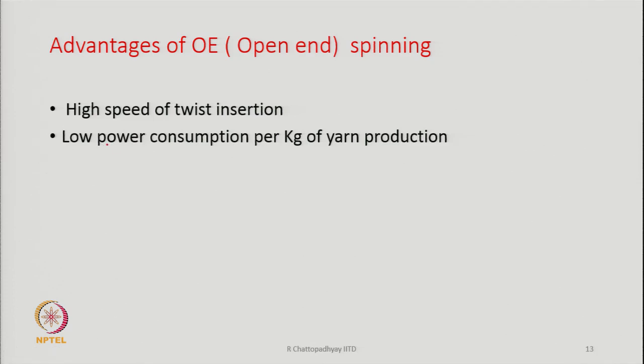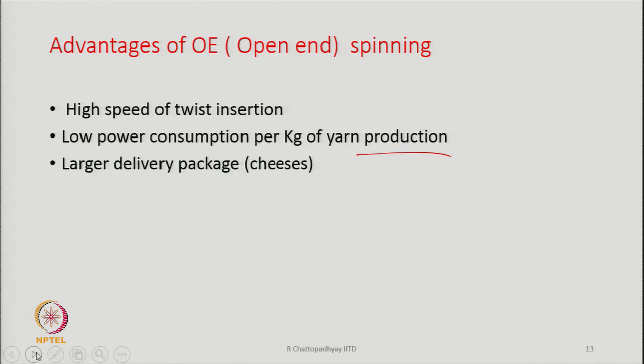Then the other advantage is low power consumption per kg of yarn production, because we are not rotating a heavy twisting unit. The twisting unit can be made very small now, and therefore there is a lot of saving of power, and power consumption will be much less.